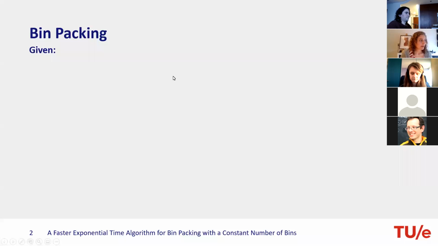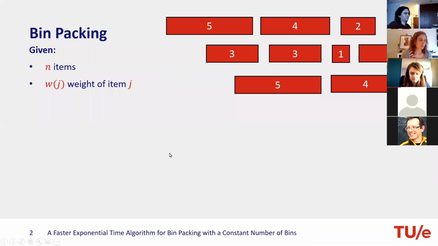In bin packing, we're given a number of items, and for each item there's a given weight, W of j, where j is the item, and there are n items. So for example, we have these items here, and there's a given weight for each of them. I'm also going to denote W of X, where X is a subset of the items, and then I just mean that we sum the weights of the items in that subset.